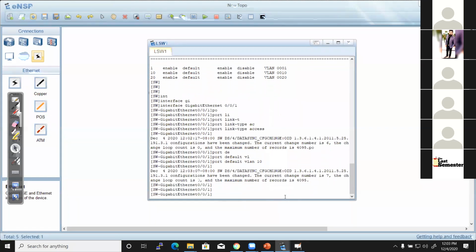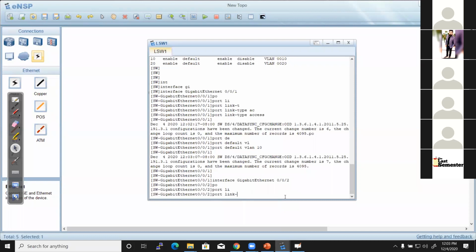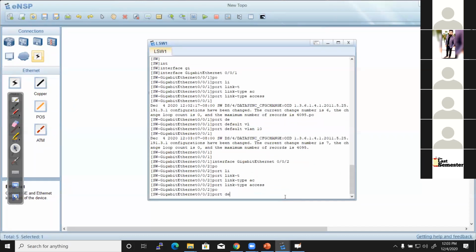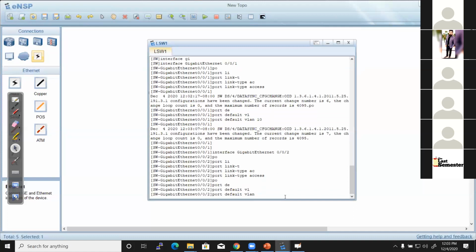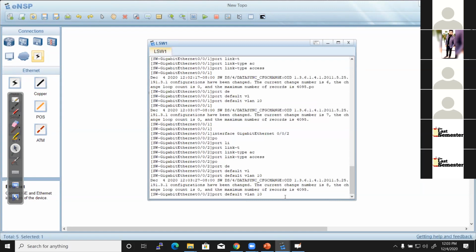And you need to verify, but let me add another interface first. For port number 2, I will give the same commands: port link-type access, and port default vlan 10. I'm telling this second interface that you are also going to be a member of VLAN 10.